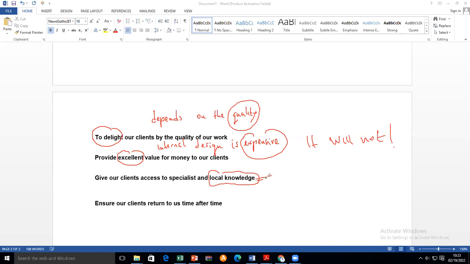If that internal design does incorporate the local knowledge, that's okay. But if it's based in RISA, it means that this may not be achieved. Ensure our clients return to us time after time. Well, if the internal designs are excellent, they're world-class, they're also value for money, then customers will come again. So this is dependent on that, and even dependent on that.